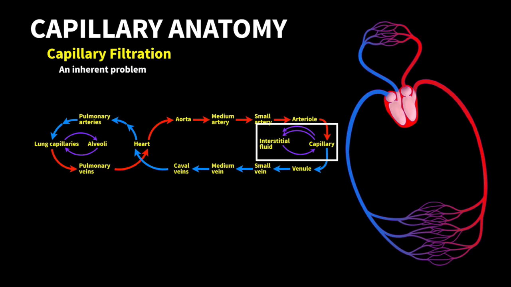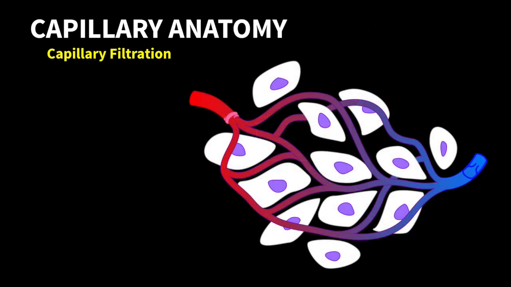This problem arises as the pumping heart creates hydrostatic pressure in the closed circulatory vessels, which is not balanced by an equal hydrostatic pressure in the interstitial tissues of the body.